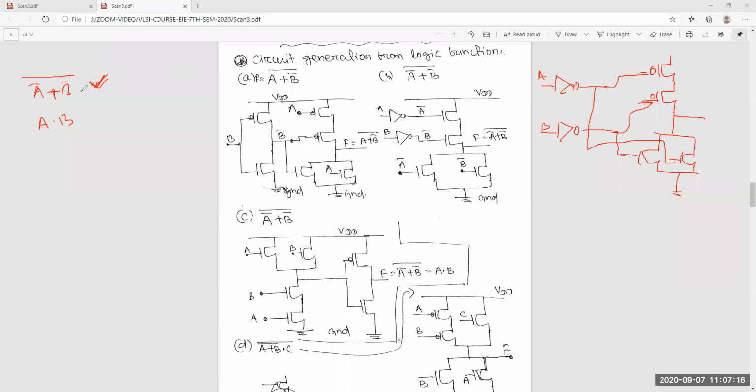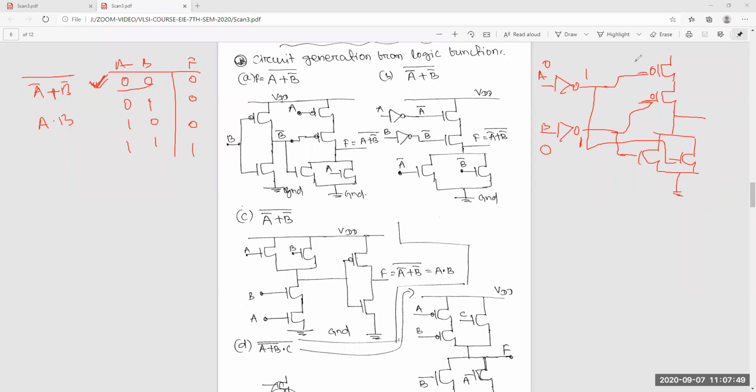Suppose the truth table has A and B as 0 0, 0 1, 1 0, 1 1. What will be the output F? 0, 0, 0, 1. If both are 0, then you are getting 0. For 1 0, this is 1.